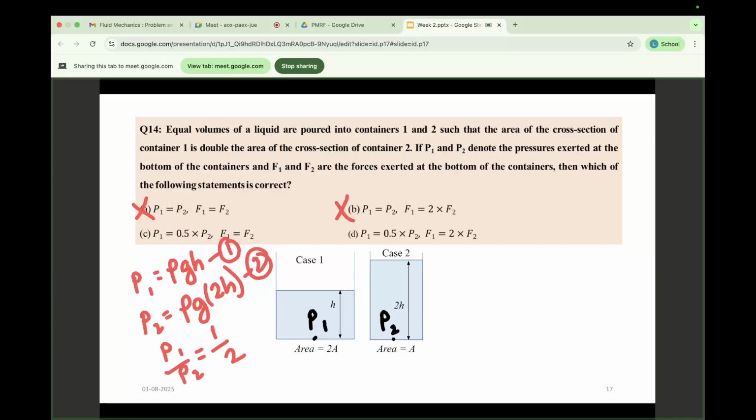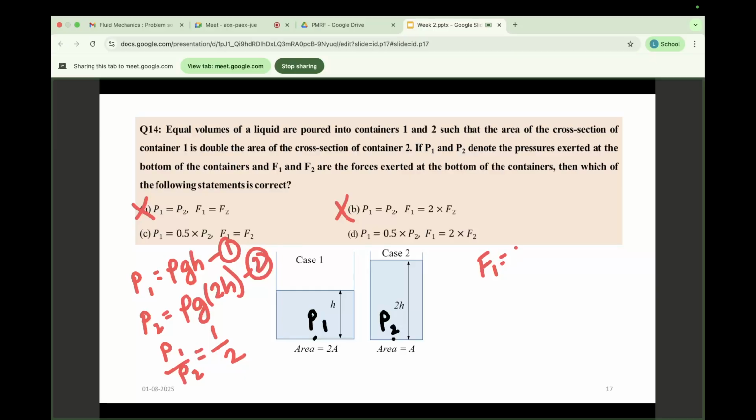They have also talked about the force. F1 is the force exerted at the bottom of the container. What is force? Pressure into area.